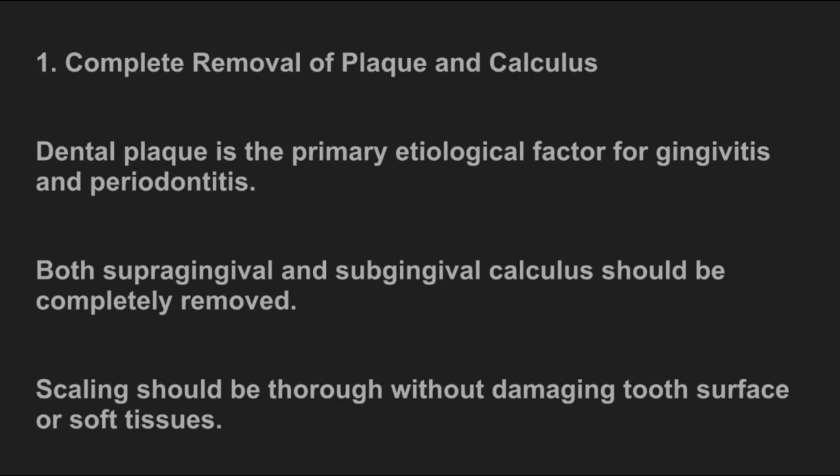We remove both supragingival and subgingival calculus completely. There should not be any calculus left, so you should remove it completely. Scaling should be done thoroughly without damaging the tooth surface or tissues. You should do the scaling without damaging any tissues or the tooth structure.